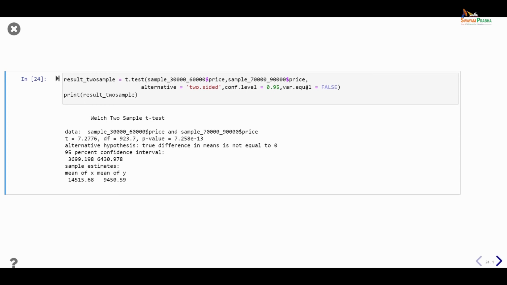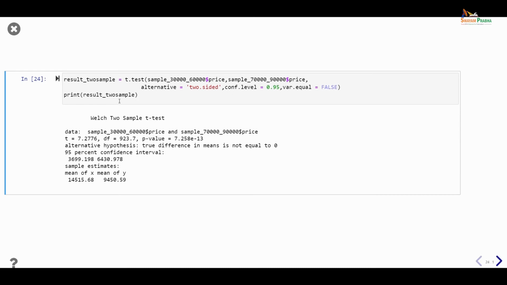I'm setting the parameter var.equal to false because from the earlier F test we found that both the samples have unequal variances. The reason for doing the F test was that we need to check whether the variances are equal or not, and that goes as an input to the parameter var.equal, and depending on whatever decision you're drawing there, you just need to set this parameter as true or false. In our case, the variances are unequal, so I'm setting it as false.